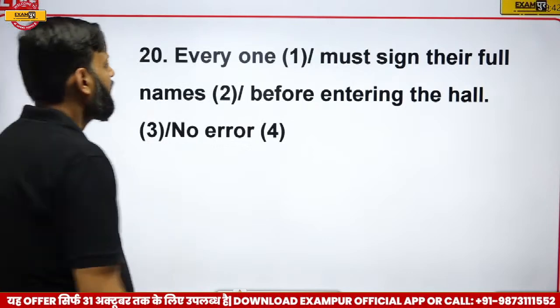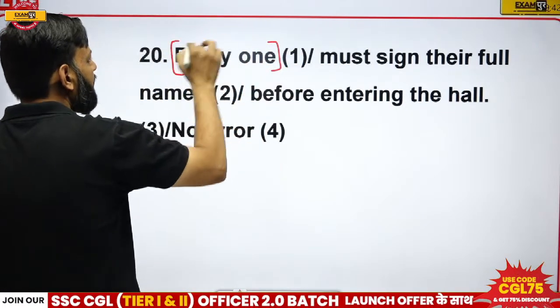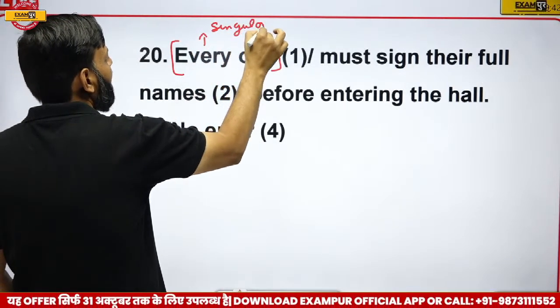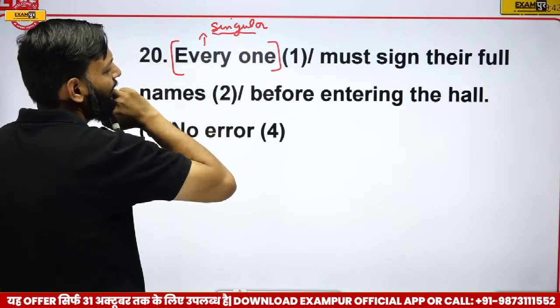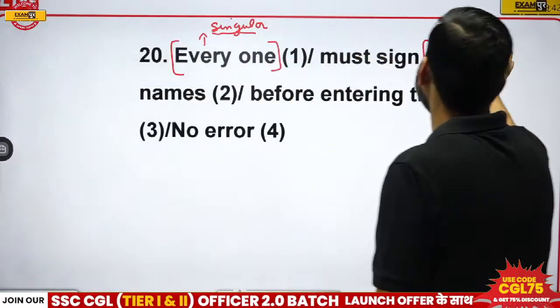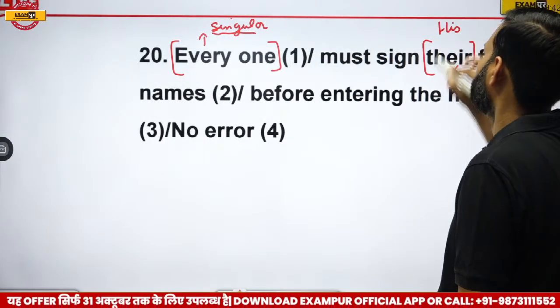See, here we are talking about everyone, right? Now, every is singular. And if we are talking about a singular noun, we cannot use their. So their will be replaced by his.